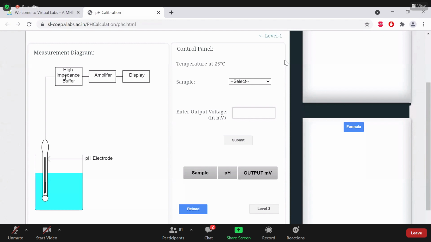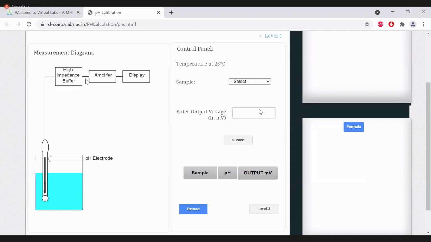It will receive some input and it will not change that input magnitude, and it will produce same as output. For example, if you apply 5 volts AC as input to this buffer, it will produce same 5 volts AC as output. If you apply 2 volts AC as input to this buffer, it will produce same 2 volts AC as output.